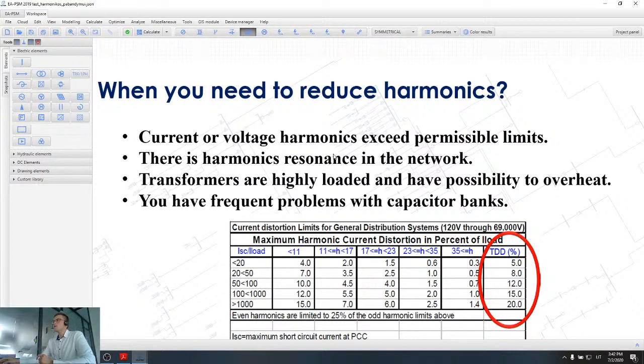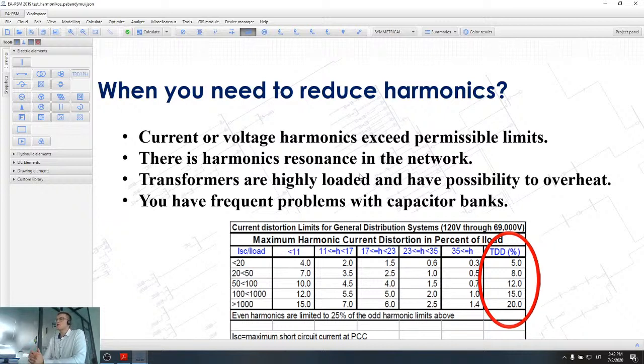First of all, you have to check what the current and voltage harmonics are, and if those current or voltage harmonics are exceeding the permissible limit, this is bad, and you have to try to reduce problems related to the harmonics by, for example, applying harmonic filters. One more possible reason is that you have a harmonic resonance in the network. And you saw yourself that without the capacitors connected, harmonic currents were much smaller.